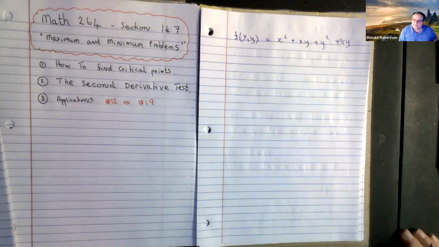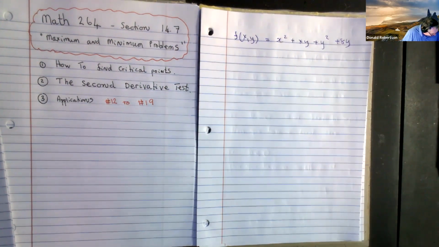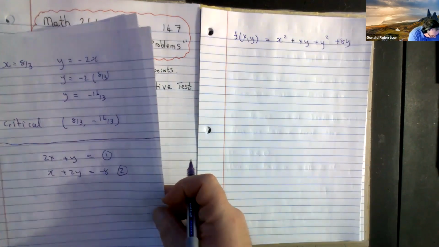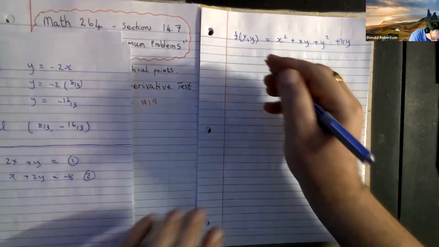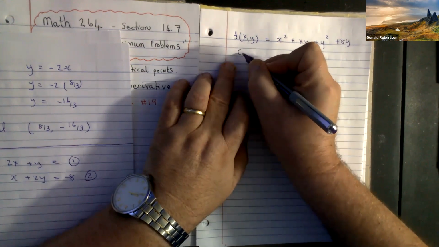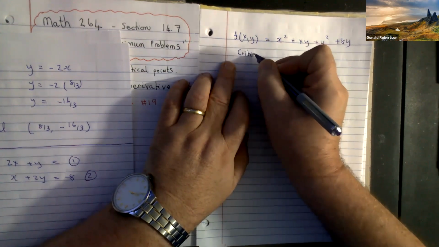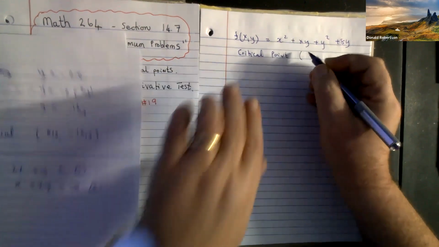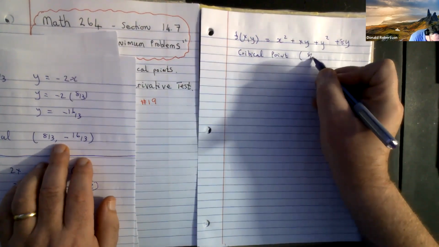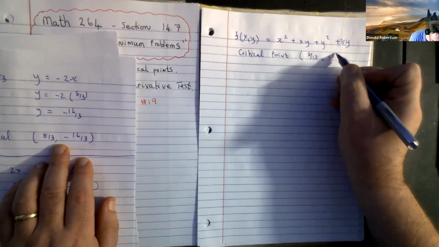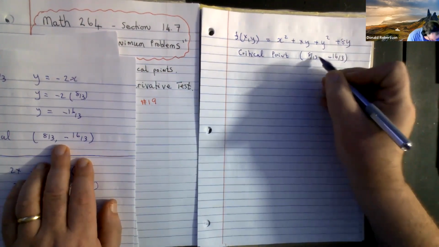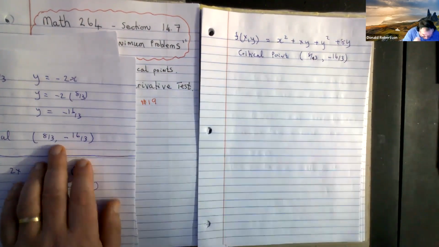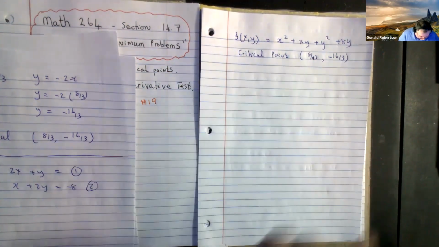Remember that guy? And after a fair amount of work, we found out that there's only one critical point. And it had coordinates 8/3 and -16/3. Right, that was our guy.